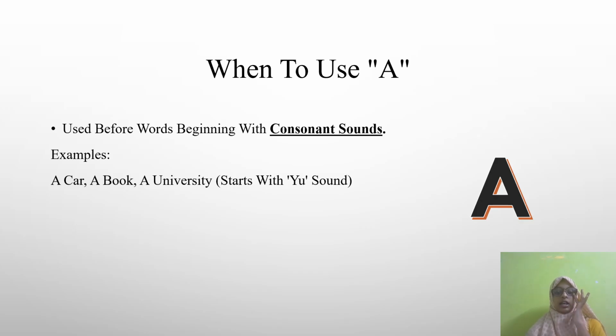For example, a car, a book, a university. Here k, b, and y are the consonant sounds. Irrespective of the first letter, here we have u as a vowel letter, but the sound is a consonant. So you use the article a.